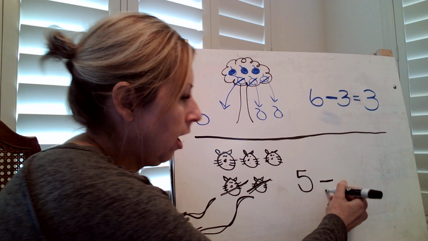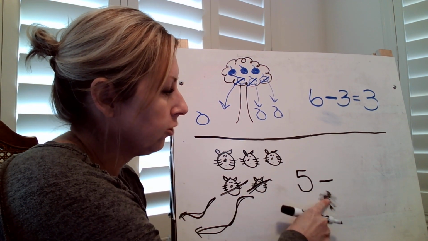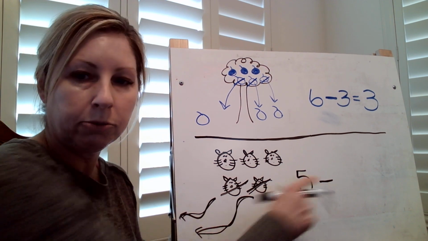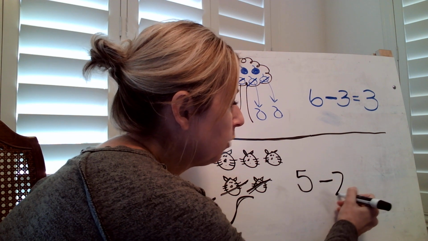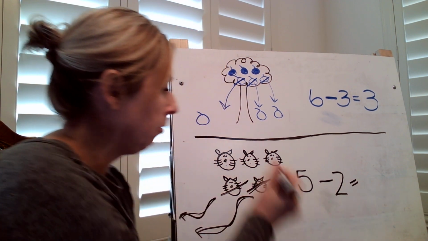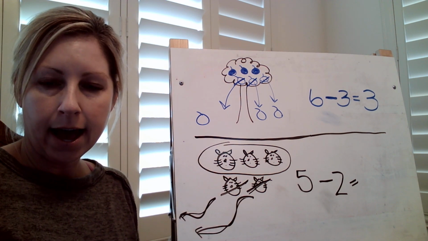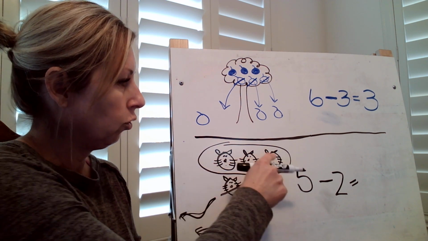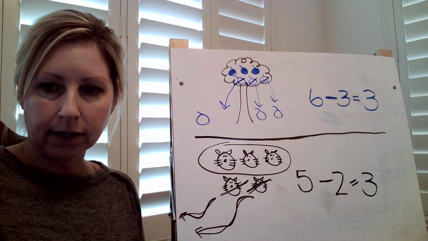This time I'm not adding them. I'm not bringing more. I'm taking some away because 2 ran away. So I need to use my subtraction sign. How many ran away? My 2 ran away. Well, then how many do I have that are left over? I have 1, 2, 3 that are left over, or that are still there that didn't get scared.